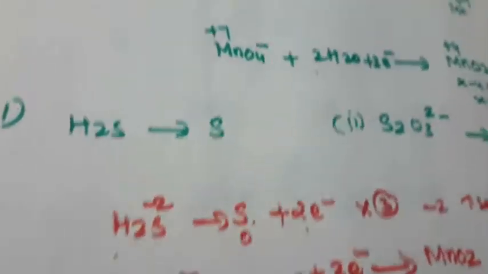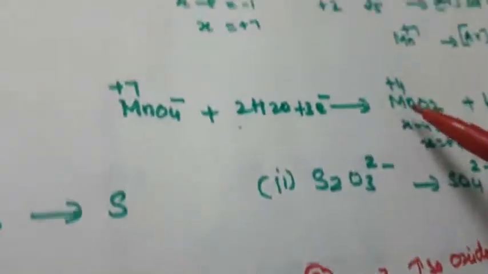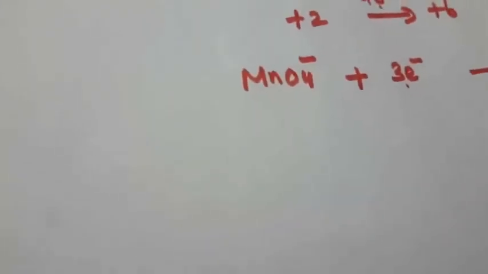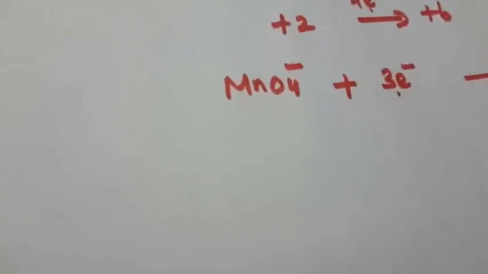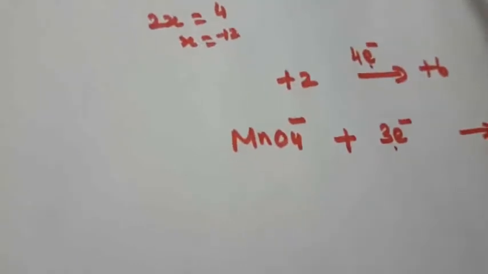So this is the general equation. The general equation I already wrote here. So that is the general equation, MnO4. I am writing again, that is one. Here that is 4 electrons, here 3 electrons. How to balance that one? So here you are balancing this equation on this side, SO4.